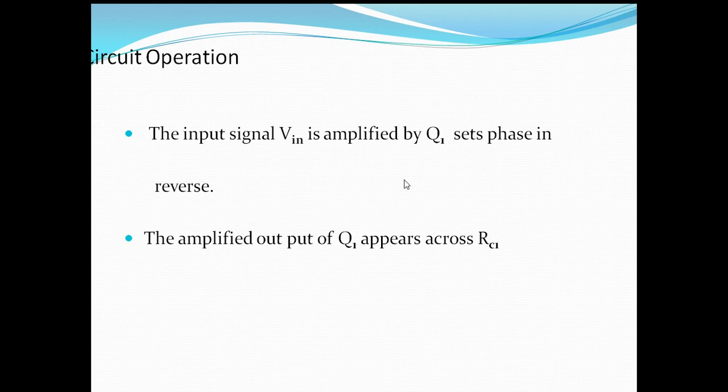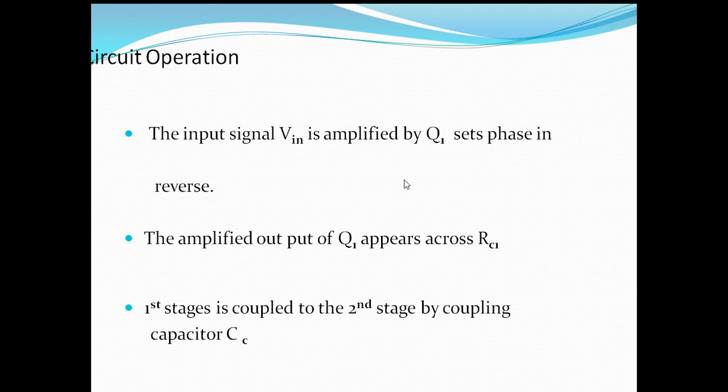Just now we discussed, the amplified output of the first stage of the amplifier appears across the load resistor, that is, the collector resistor. The first stage is coupled to the second stage by the coupling capacitor CC, as I just showed.